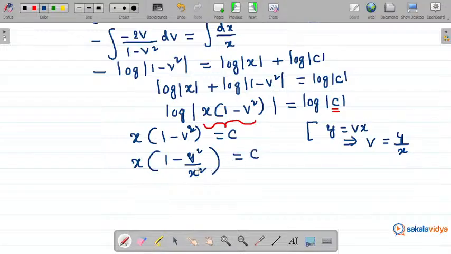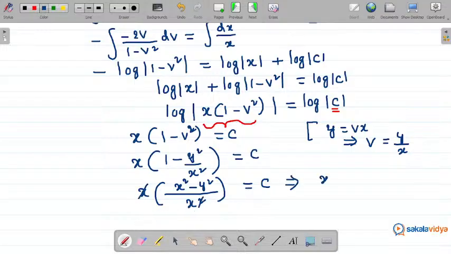Now x square is the LCM: x into x square minus y square over x square is equal to c. So x by x square means x cancels, and by cross multiplication we get x square minus y square is equal to c into x, cx.